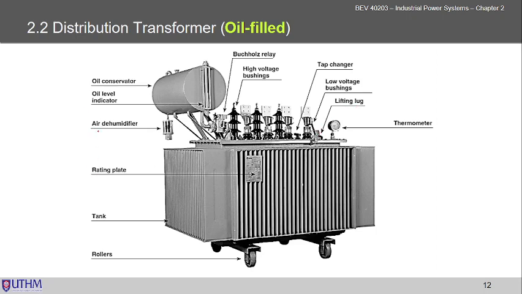Another one is the air dehumidifier. The air dehumidifier is to rid off the moisture content during the operation of the oil here. Normally the oil will have moisture content, and we try to rid it off using the dehumidifier.